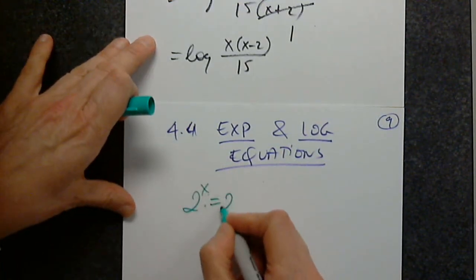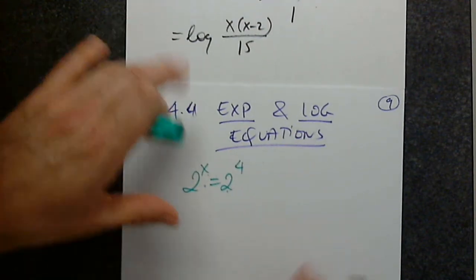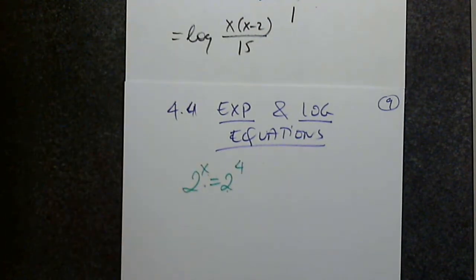So exponential equations. 2 to the x equals 2 to the 4th. Is this a radical equation? Is it rational? Is it absolute value? Is it linear? Is it quadratic? Is it polynomial? No, it's exponential because the variable is the exponent. We do not cross out the 2's.